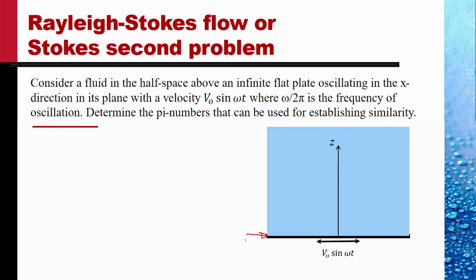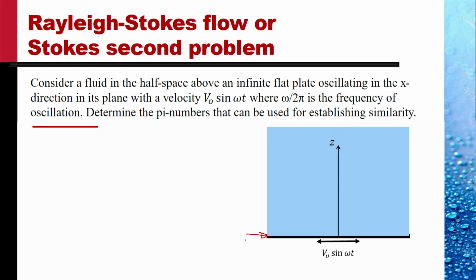And because of this, at any given time, the effect of the motion of the plate does not penetrate to more than a fixed distance. We have to determine what is the extent of the region of fluid near the plate that is affected by the motion of the plate.